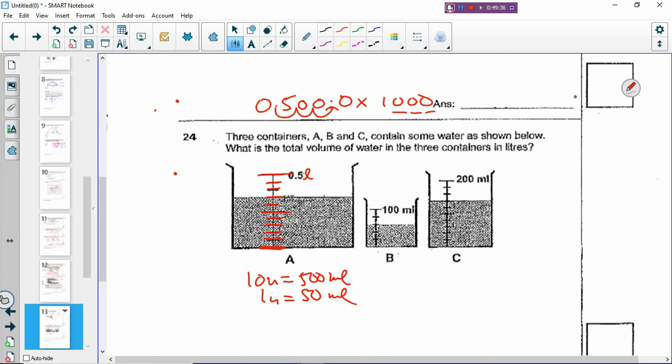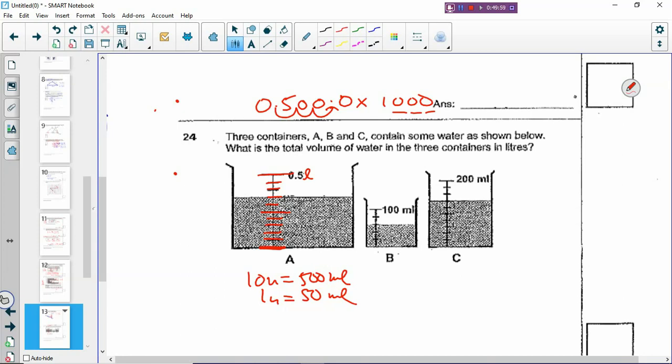And you start counting, right? So how do you start counting? So you have 0. Let me have a quick check to make sure that everything is correct. So you have 10 gaps is 500 ml. So one gap is 50 ml.